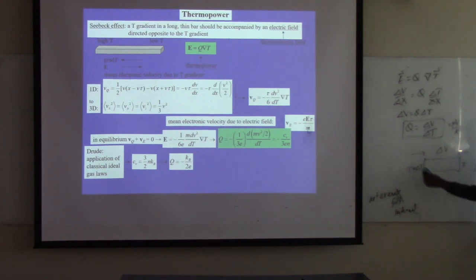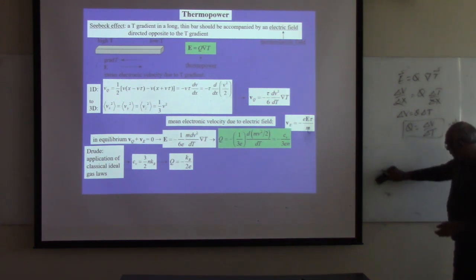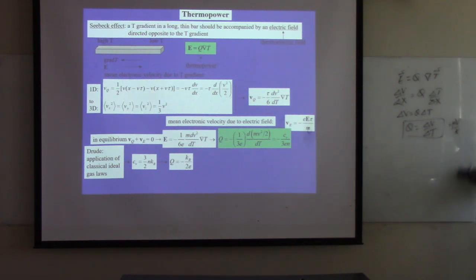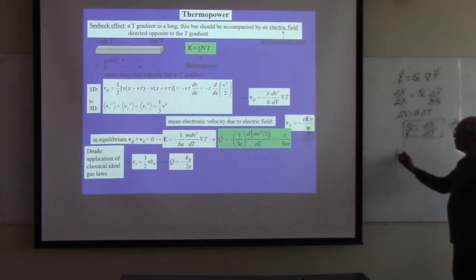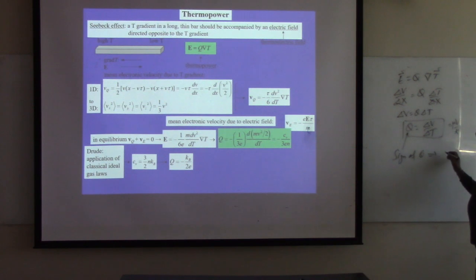If you have a metal, Q is always a negative number. If it's a semiconductor, we'll talk about that later, holes and electrons. So the sign of Q will give you the sign of your charge carrier. That's just like the Hall effect, right?